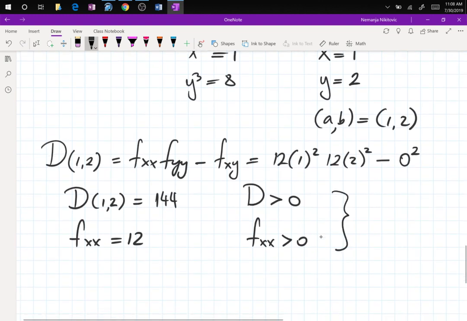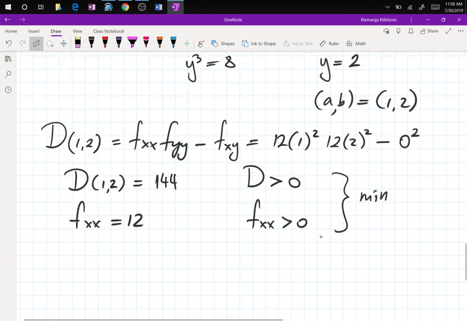When you have both of them larger than 0, we have a minimum because it's concave up, and being concave up, it has a minimum. So (1, 2), and f of (1, 2), if you are computing the z value, is a minimum.